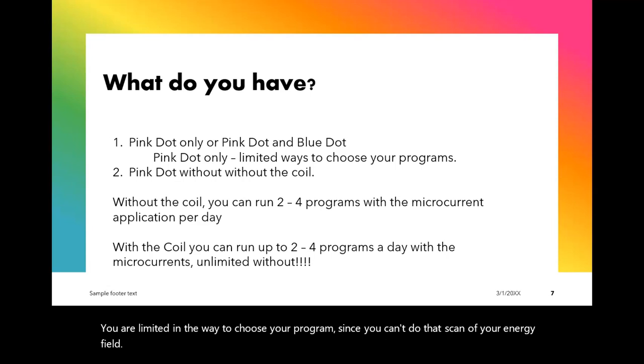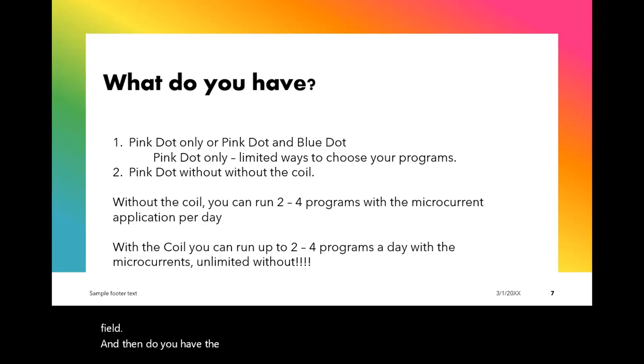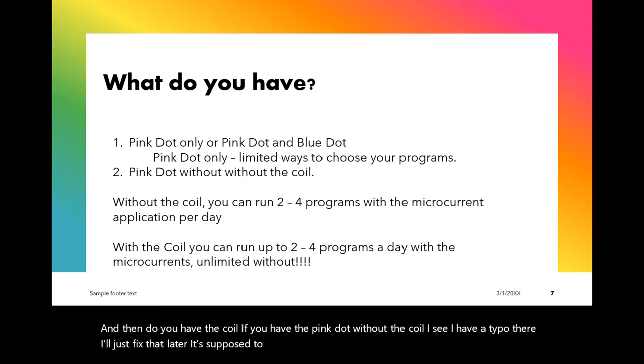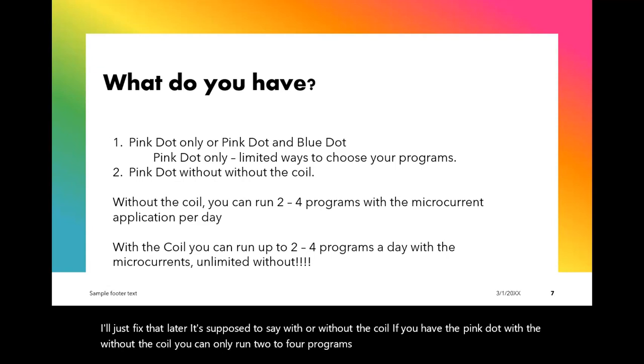And then, do you have the coil? If you have the Pink Dot without the coil, oh, I see I have a typo there. I'll have to fix that later. It's supposed to say with or without the coil. If you have the Pink Dot without the coil, you can only run 2 to 4 programs a day with a microcurrent application.